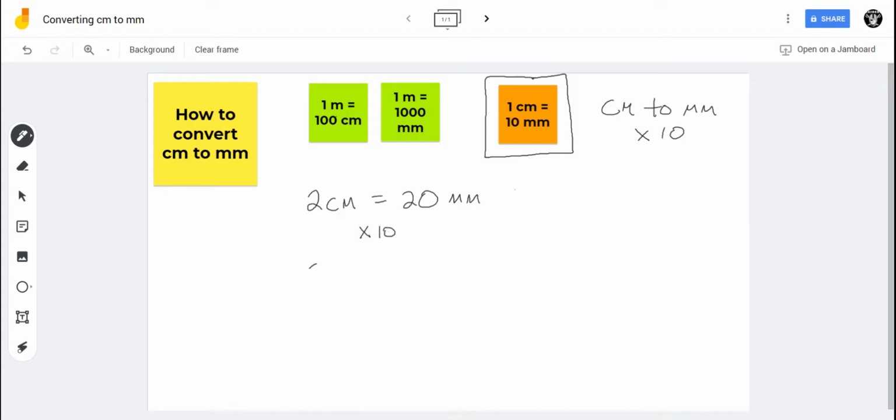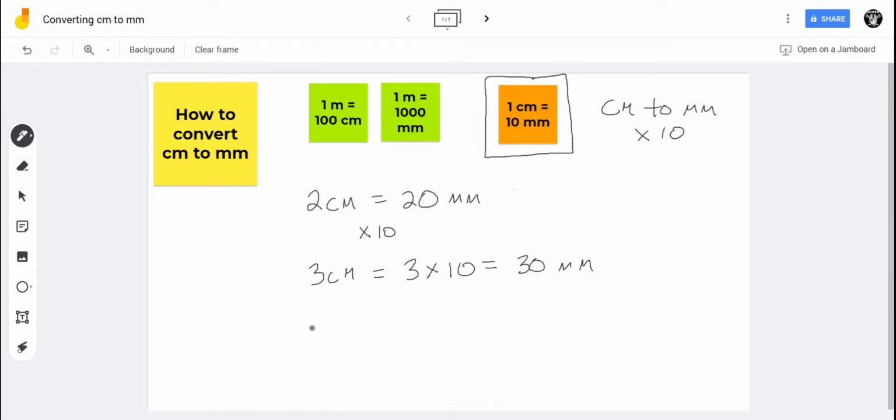Same idea here. You could have 3 centimeters, and if you multiply that by 10, you would draw the math out and say 3 times 10, which gives you 30 millimeters. And that would, in fact, equal 3 centimeters, right? So that's how you get from centimeters to millimeters.